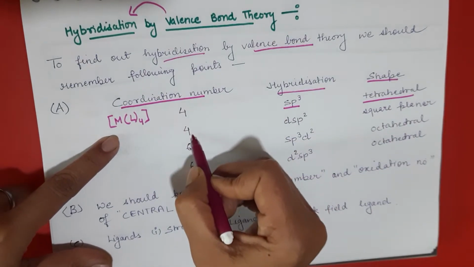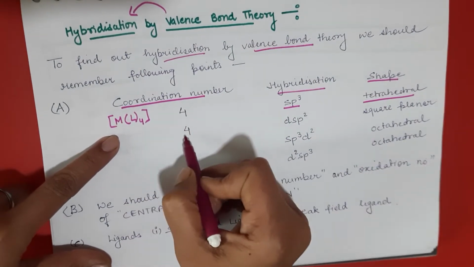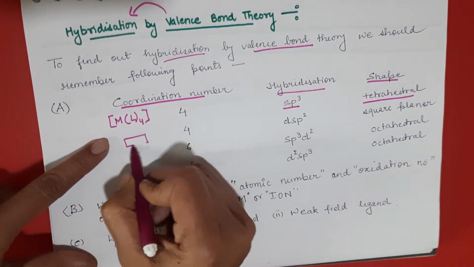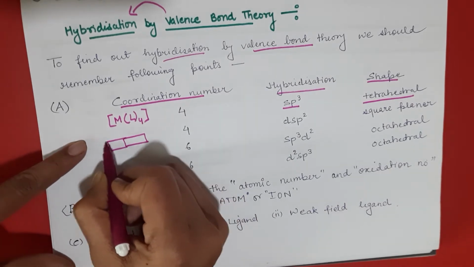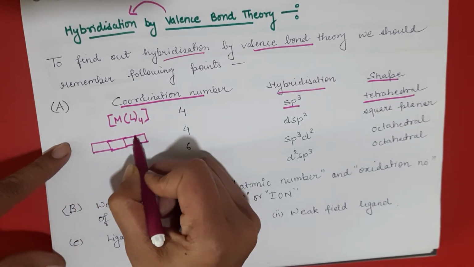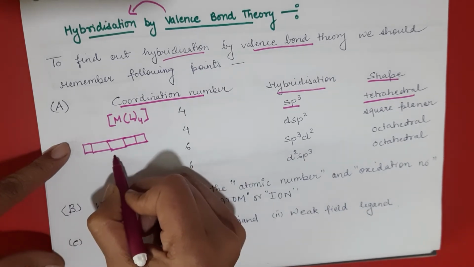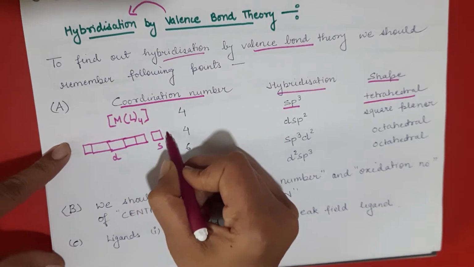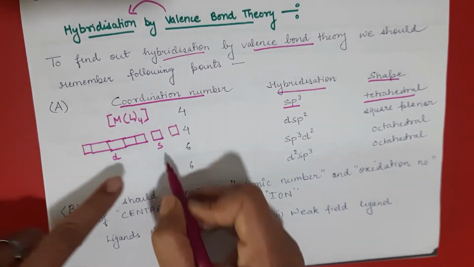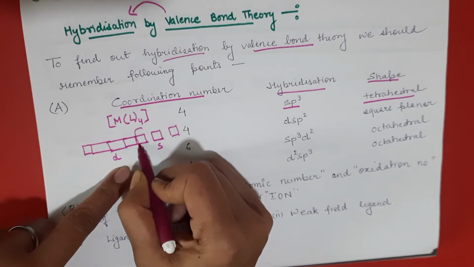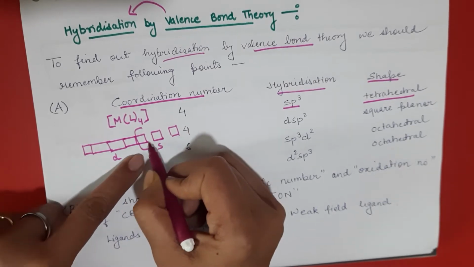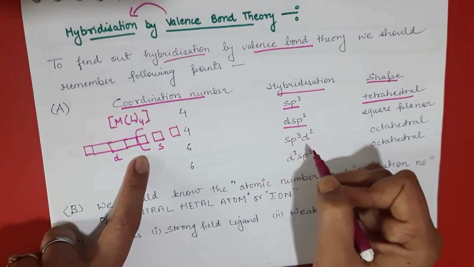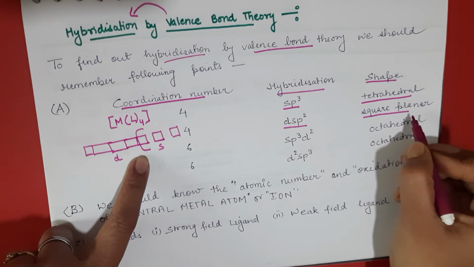If the coordination number is 4 and the d orbital is also taken up, that means we take 1d, 1s and 3p of the metal, giving dsp2 hybridization, and the shape will be square planar.